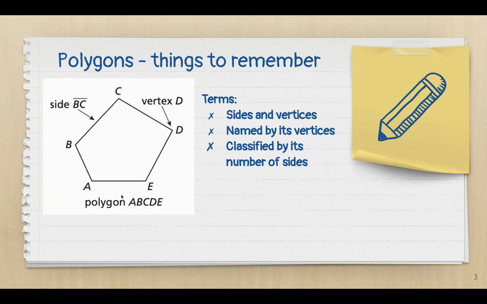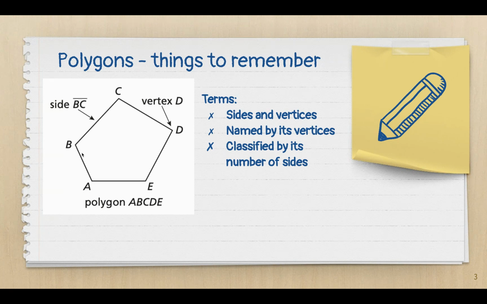Down here, I chose to start at A because it just makes it easier, and you could call this polygon ABCDE. As long as you're naming the vertices consecutively, that's fine. Now, conventionally, we typically go clockwise. Technically, you could go counterclockwise, so you could call this polygon AEDCB, but the convention is to go clockwise.